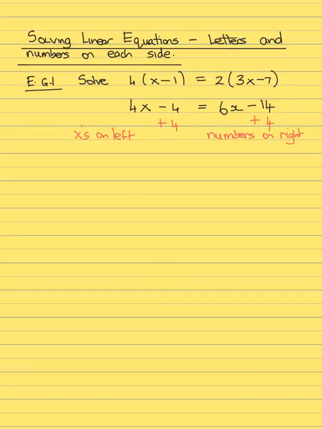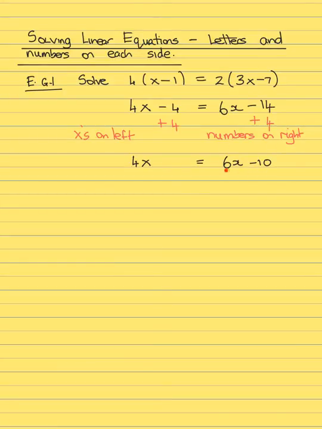We now have 4x on the left, because minus 4 plus 4 is 0. And on the right hand side we have 6x, and then we have minus 14 plus 4. So we put it into our calculator. Minus 14 plus 4 gives us minus 10. The problem now is that we have x's on the right. We only want numbers on the right.